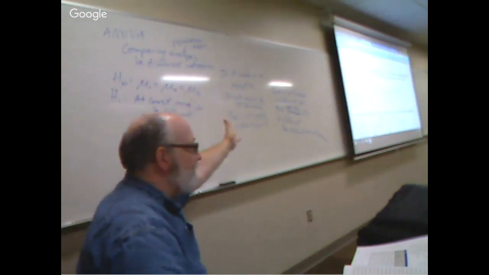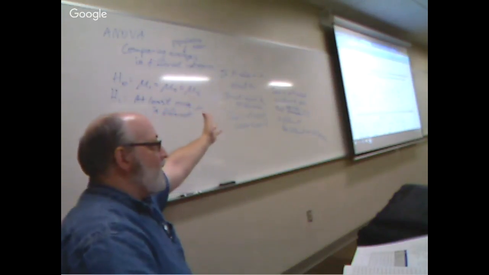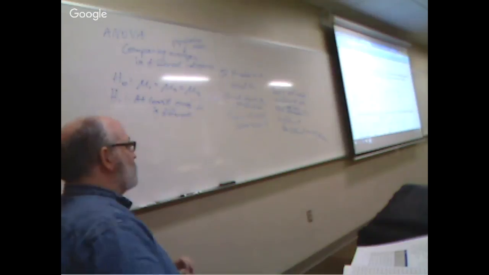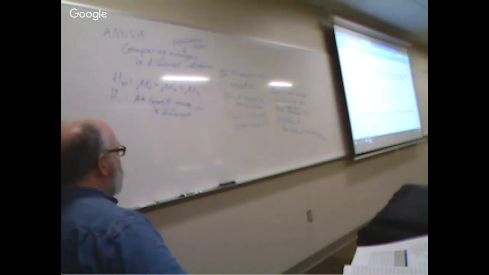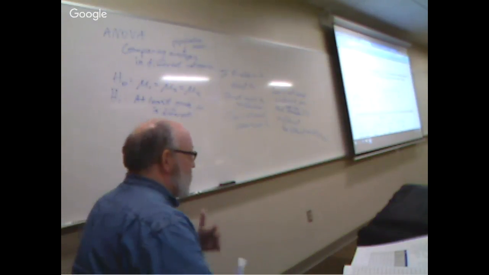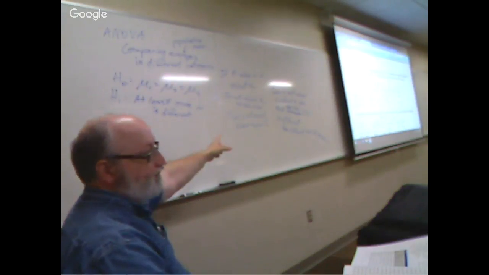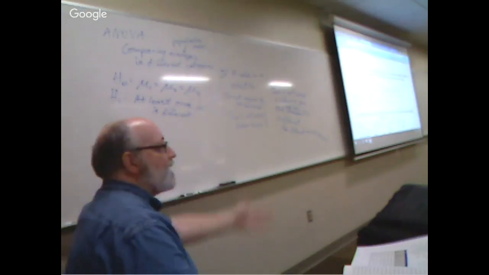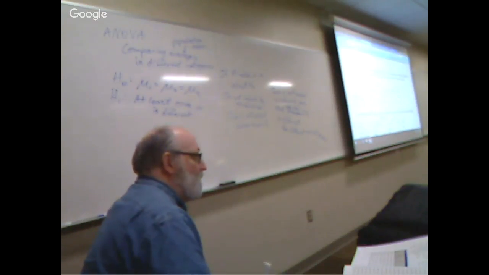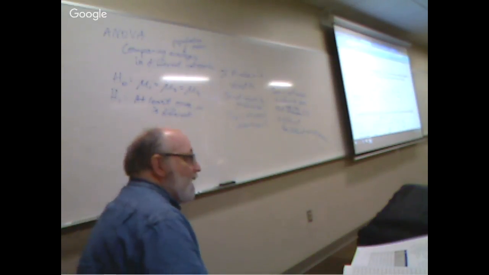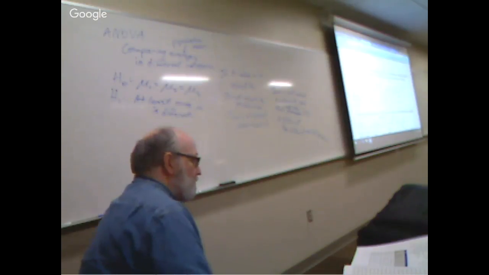That's why we just did this, so that you would see what that looks like. But again, the basic idea is no decision. We cannot make a decision about there being a difference. It's not enough.